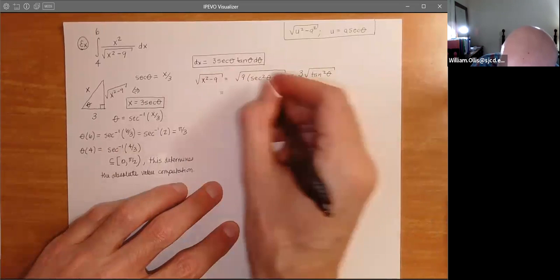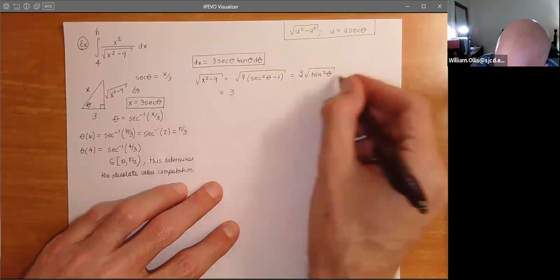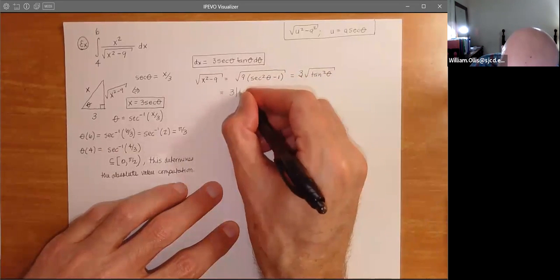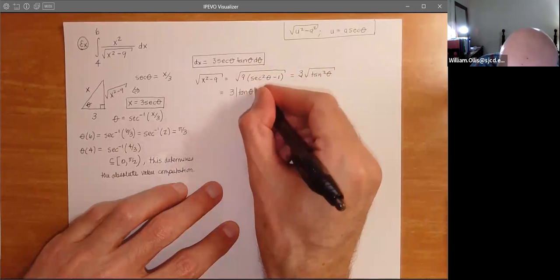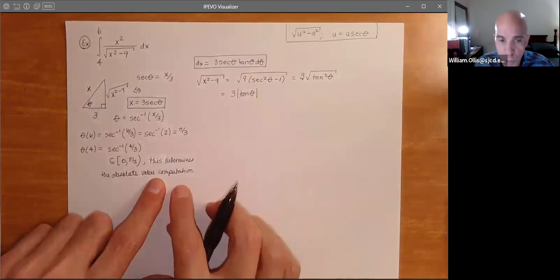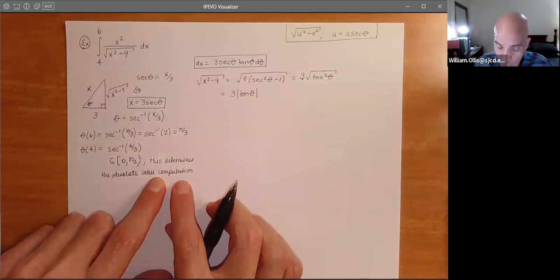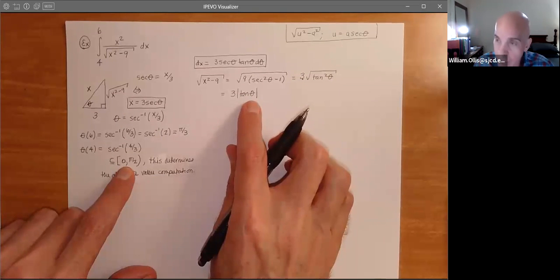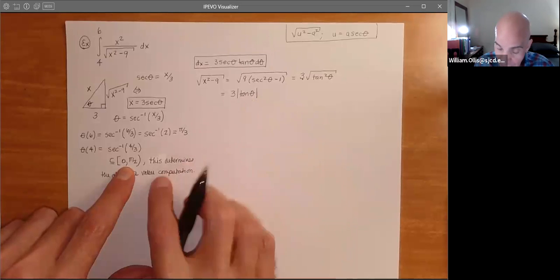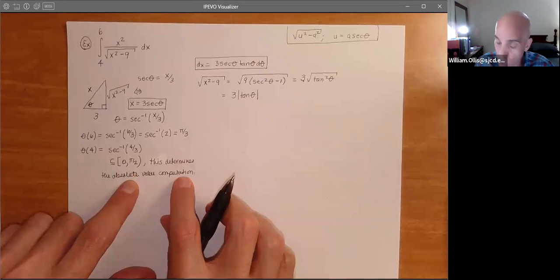So again, you can shortcut this, but I want to work it out in detail the first time. So this will be the absolute value of tangent theta. And like I said here, this determines the absolute value computation. For these values of theta, the tangent is positive or non-negative.